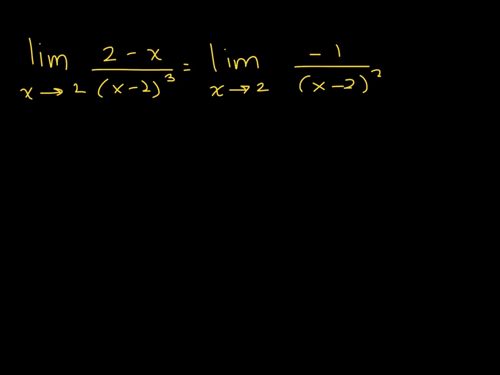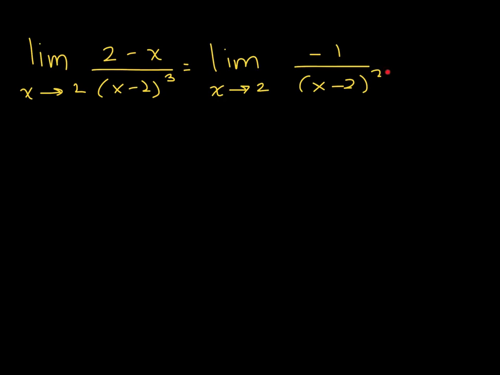We also know the denominator is 0 when you plug in 2. But as x values get closer and closer to 2 from both sides, not only is the denominator approaching 0, it is doing so through positive values, and we know that because the denominator is being squared. So regardless of whether you let x approach 2 from the left or from the right, once you subtract 2 and then square, the result will always be positive.